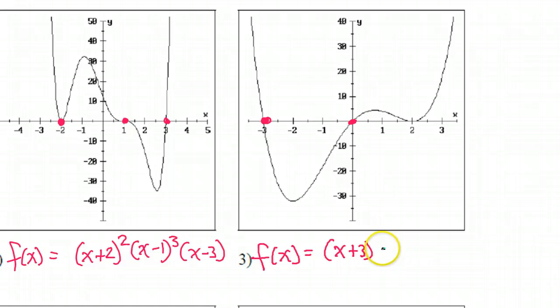So that's just x. And that was just straight through, so I'll leave it single. And this is just straight through, so I'll leave that single. All right, but then we have one more at 2. So that tells me that x minus 2 is a factor. But this one is a bounce, so it should be squared.